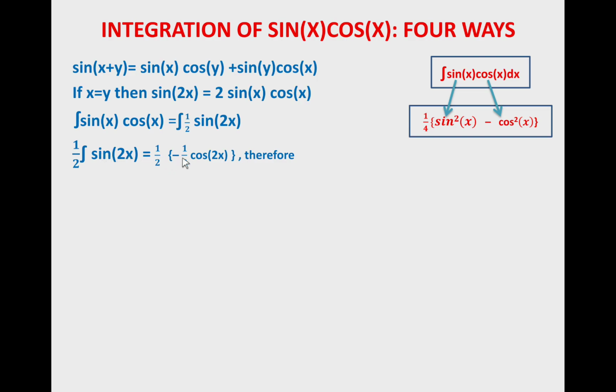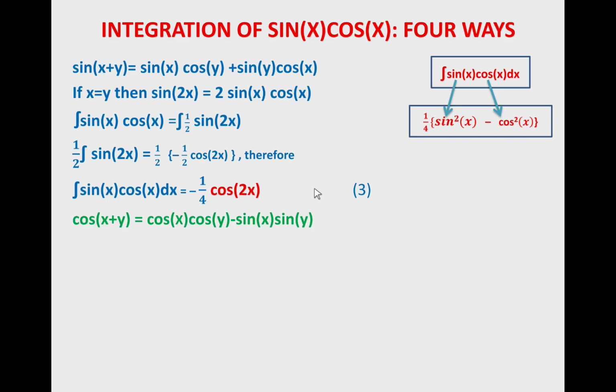If we do the math, then this will lead us to the integration equal to the multiplication of these two halves, which will give us negative 1/4 cosine 2x. This we can consider as result number 3.